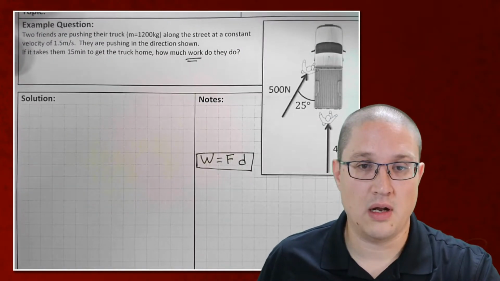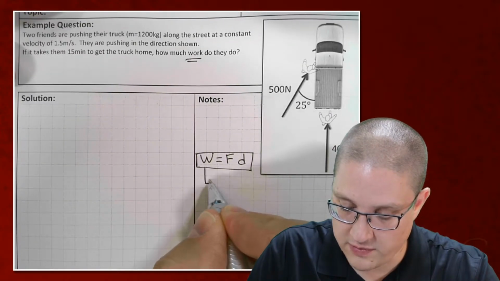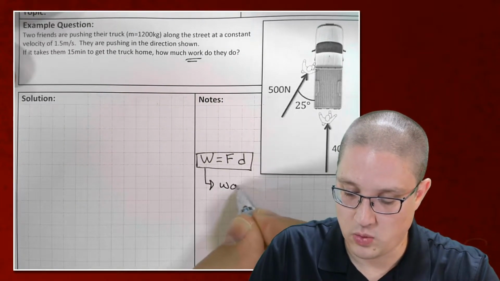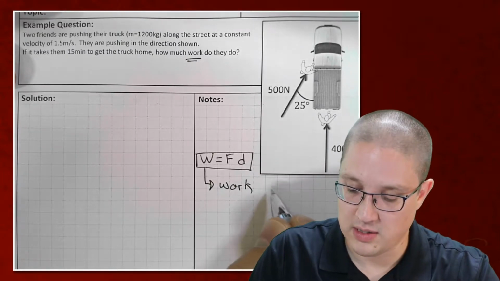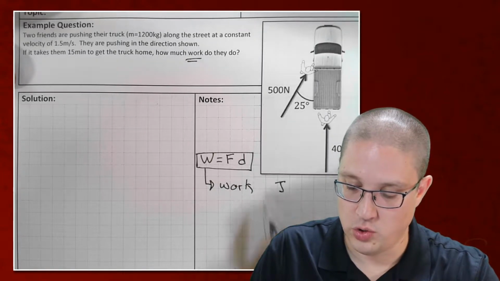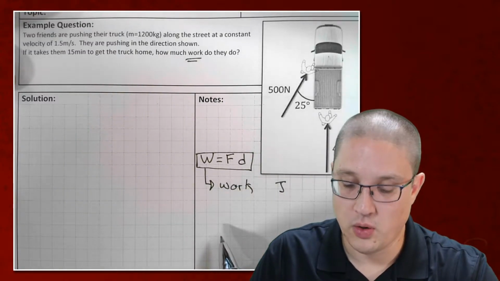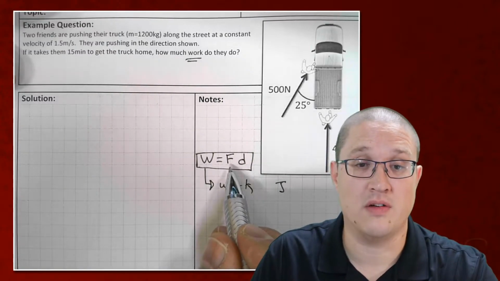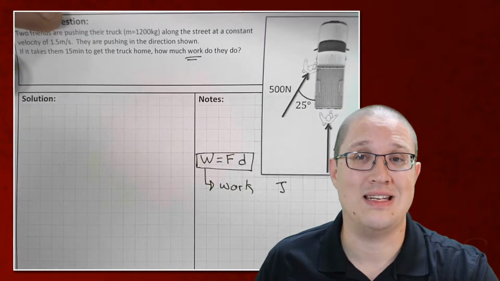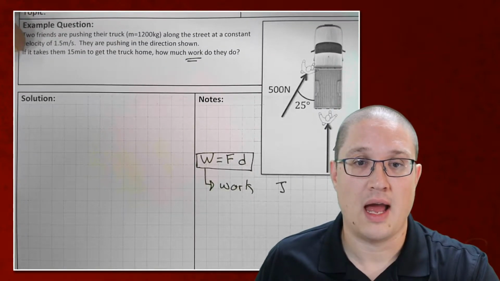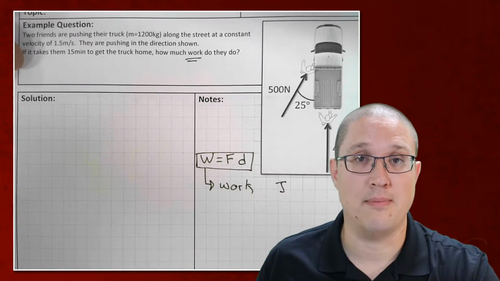With this formula, a couple things to note. Our units for work are joules, or J. Force here, you already know what that is. That's in units of newtons, and d is a distance or displacement, and that is measured in meters.